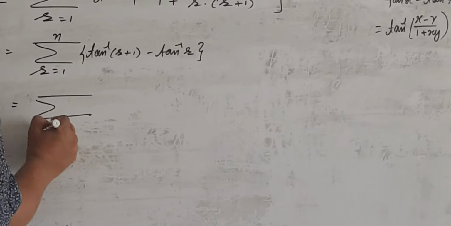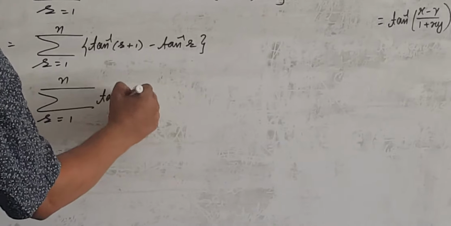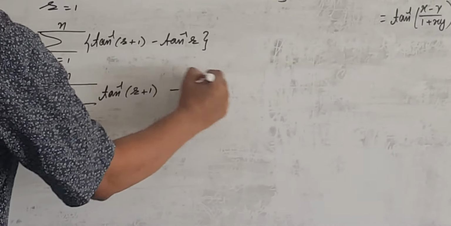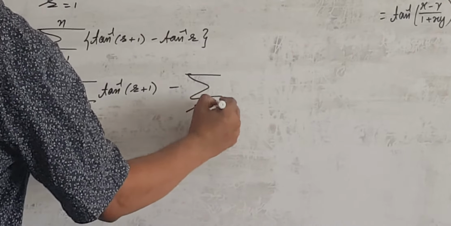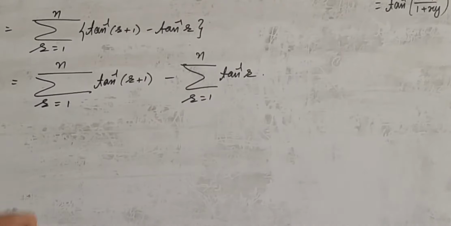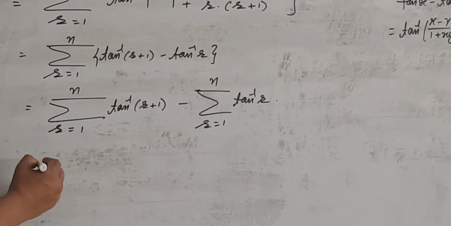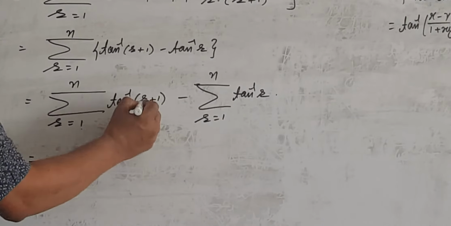Now we separate the sigma. So sigma r is 1 to n tan inverse (r plus 1) minus sigma r is 1 to n tan inverse r. Now we substitute the value of r as 1, 2, 3 up to so on. So first we keep 1, so 1 plus 1, 2.